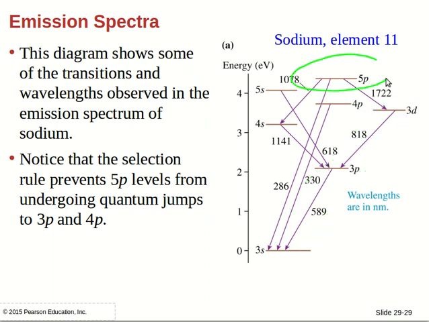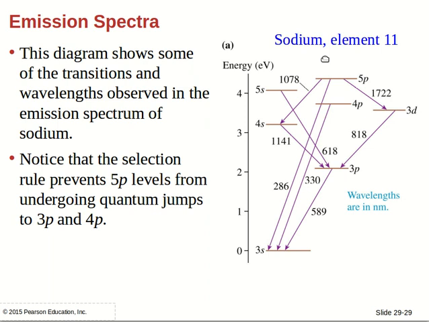So this 5p state, if populated by the absorption of a photon, has a number of ways to get back down to the ground state, each of which involves transitions that have different energies, and therefore the spectrum for the de-excitation of 5p is going to involve several different lines with different colors based on the energies of those transitions. And as we can see in this particular diagram, there are 3 paths to do that.